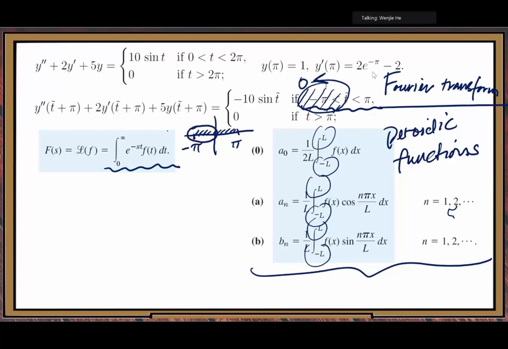It only uses the positive half. So when you do the inverse Laplace transform, you cannot recover that negative half. It's gone. So here, let me talk about the final solution. Due to this reason, the final solution.